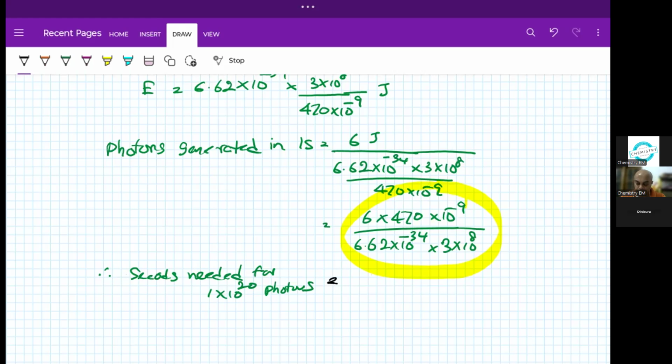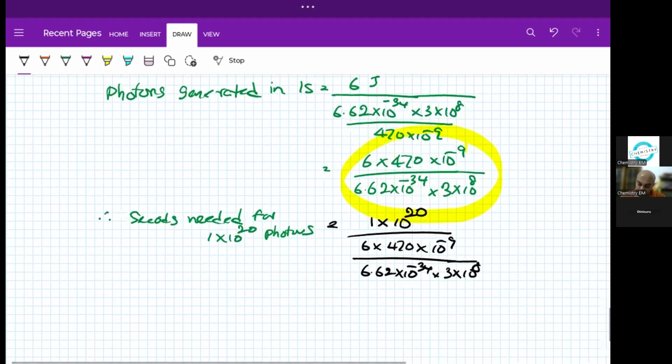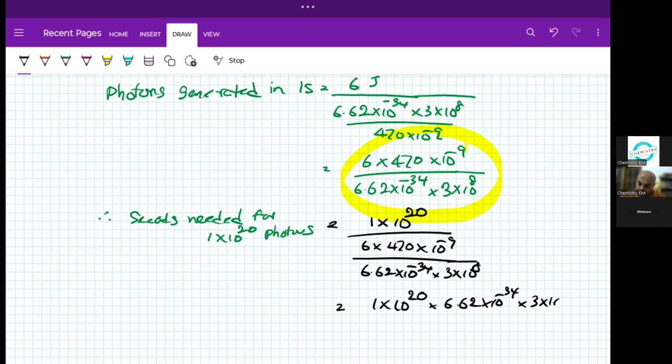So this will be 1 into 10 to the power 20 divided by 6 into 470 into 10 to the power minus 9, total one divided by 6.62 into 10 to the power minus 34 into 3 into 10 to the power 8. That gives 1 into 10 to the power 20 into 6.62 into 10 to the power minus 34 into 3 into 10 to the power 8, total one divided by 6 into 470 into 10 to the power minus 9.